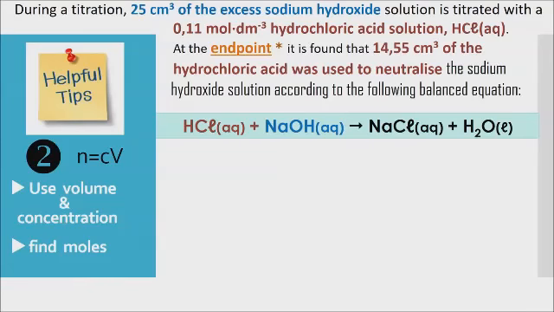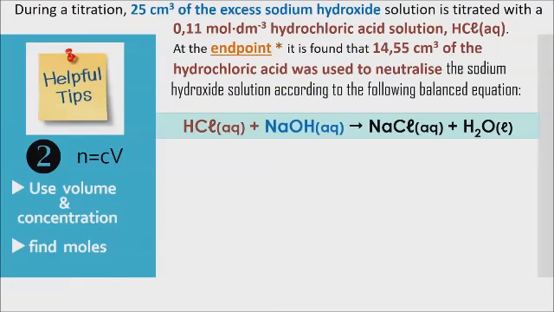And at the end point, that means when the indicator changes color, I found that I used 14.55 cubic centimeters of the hydrochloric acid. Hydrochloric acid concentration 0.11. Volume 14.55. I mustn't forget to divide by 1,000, and then I can easily get my number of moles of hydrochloric acid.